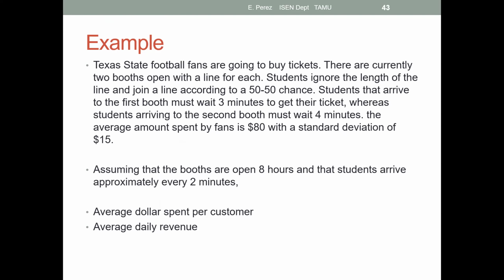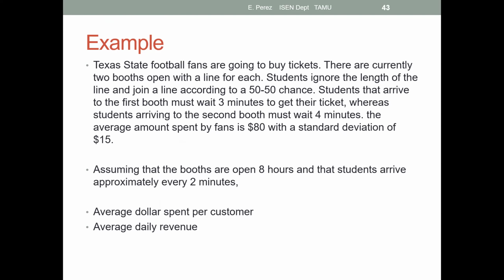Now, in terms of the collection of statistics, assuming that the booths are open 8 hours and that students arrive approximately every 2 minutes, we want to compute the average dollars spent per customer and the average daily revenue. We are going to be running this for 5 days. We are assuming that students are going to be buying tickets from Monday through Friday for the Saturday game.